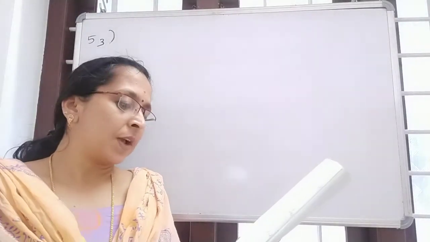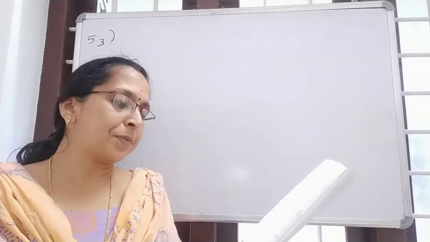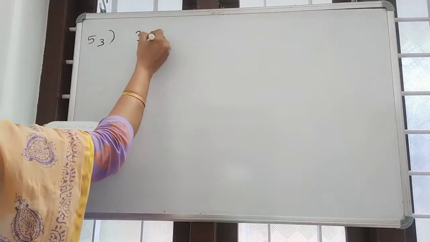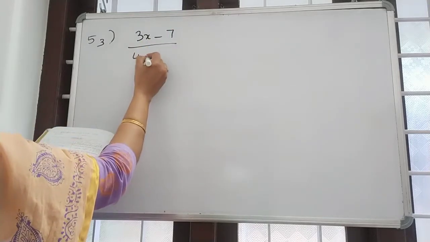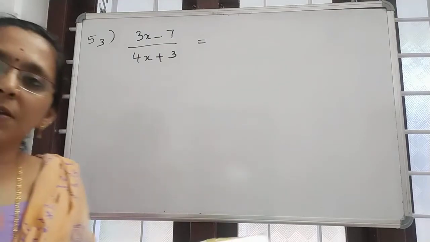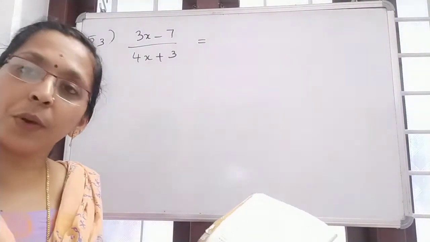Third question. 3x minus 7 is to 4x plus 3 is the subtriplicate ratio of 8 is to 27. So 3x minus 7 divided by 4x plus 3 is the subtriplicate ratio. Subtriplicate means taking the cube root of 8 is to 27.